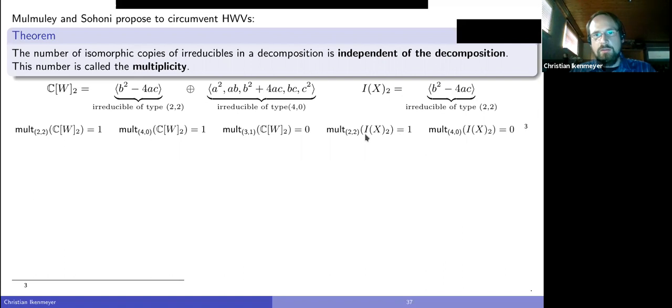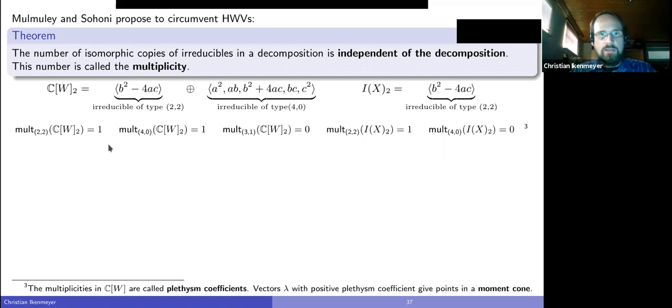We have the multiplicity of (2,2) actually disappears, and the (4,0) does not appear. And just a remark, these numbers here for the polynomial ring are called the plethysm coefficients. And the vectors where this plethysm coefficient is positive, they give points in a moment cone. So we might see this in later talks.